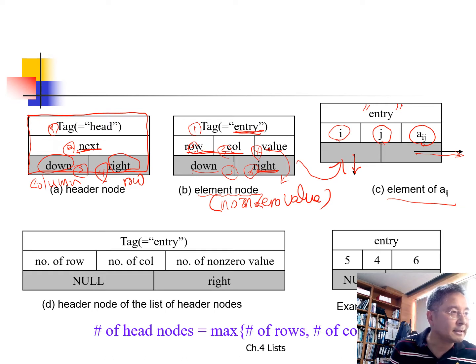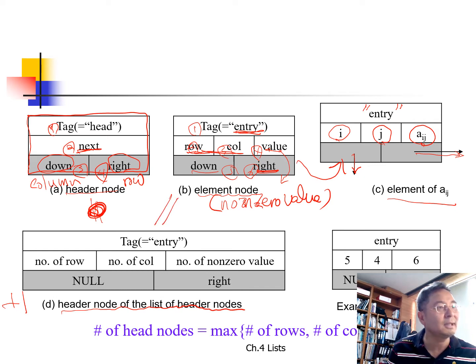Okay, and this is a header node, but we need one additional header node for the list of header nodes. It is the same structure as the element node, even though it is a header node.